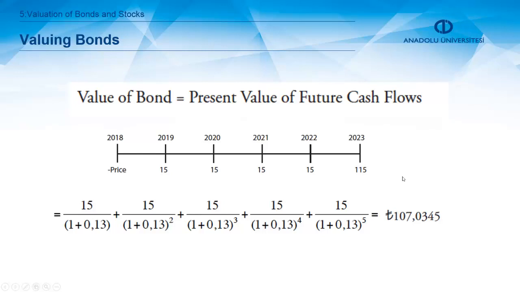Here you can see 5 of the $15. There is a small error here. The last one should be 115, not just 15. So please correct that error in the book or in our slides.